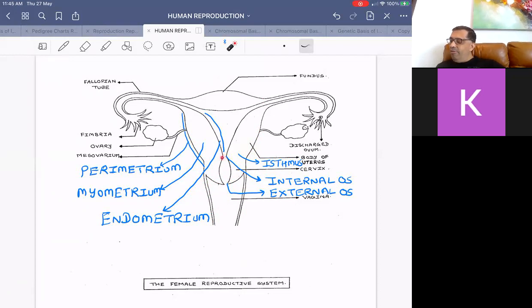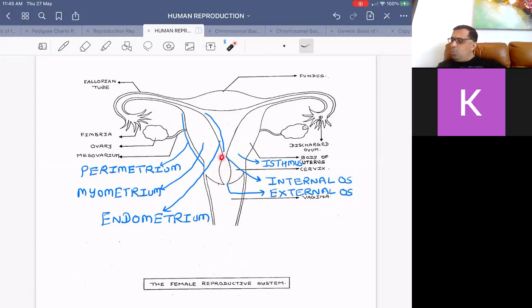And the cervix has a canal called the cervical canal. And the cervical canal बीच में broad होता है, ऊपर और नीचे narrow होता है.